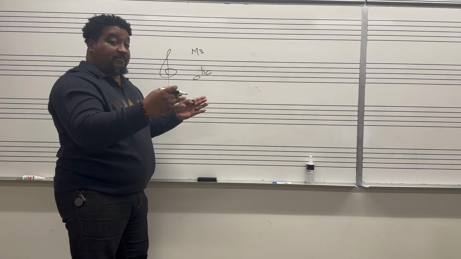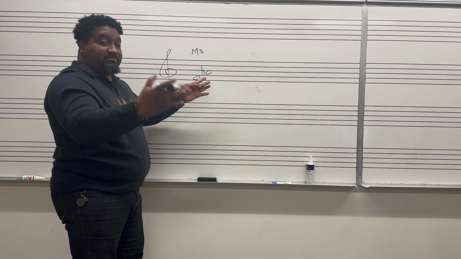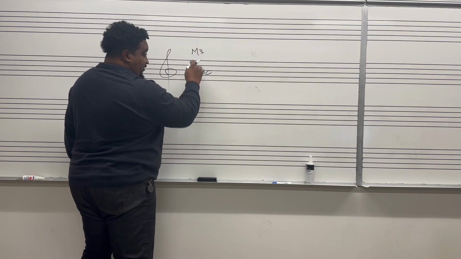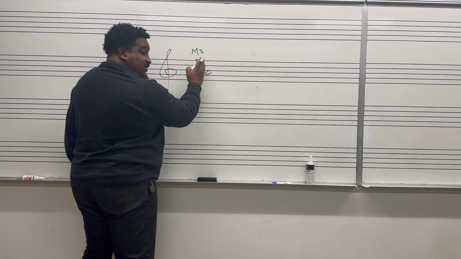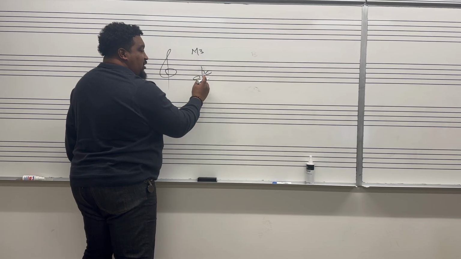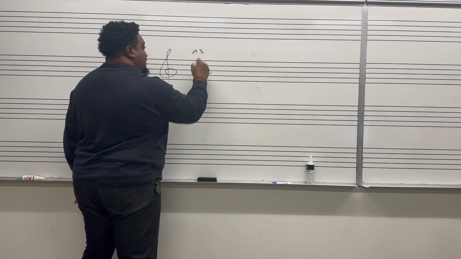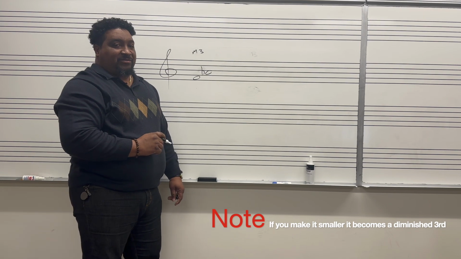If you said bigger, you are wrong. So this is making it smaller. So now we have an interval of a third, from F to A flat. F to A is a major third. If we make it smaller, it now becomes a minor third. So from F to A flat, that's a minor third.